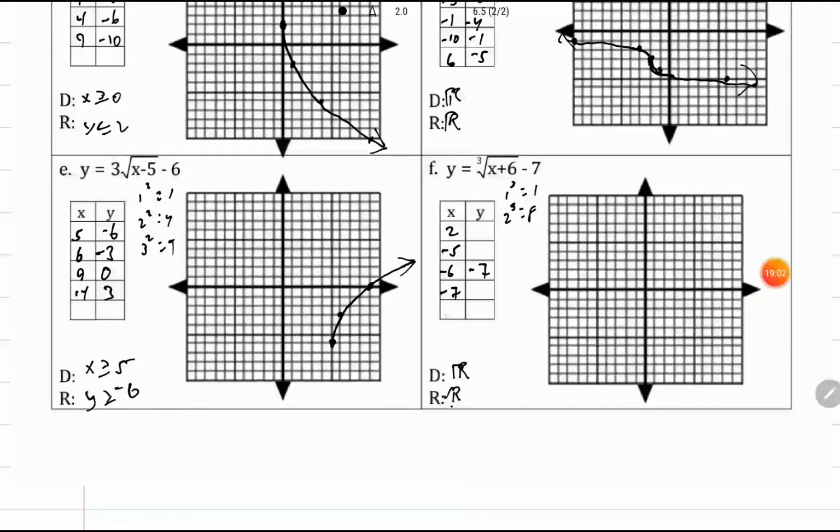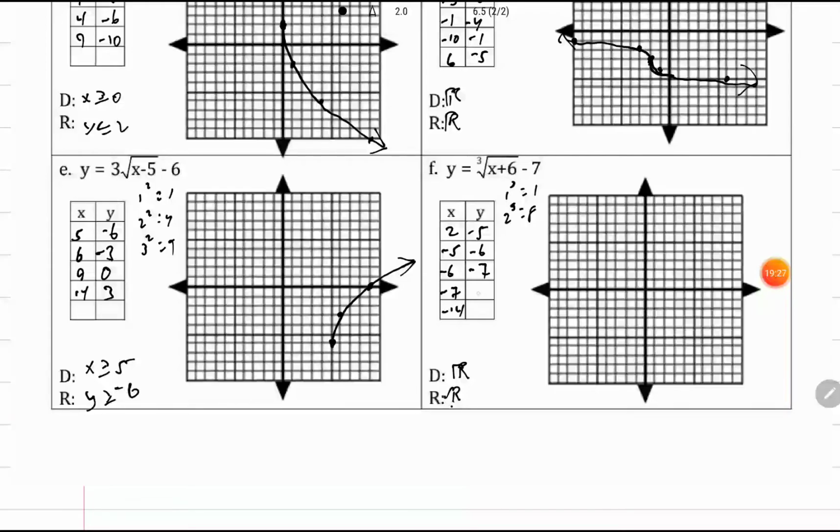And then this one is going to be negative 14, which I don't need to do. So 2. Plug in 2. 2 plus 6 is 8. Cube root of 8 is 2. 2 minus 7 is negative 5. Negative 5 plus 6 is 1. Cube root of 1 is 1. 1 minus 7 is negative 6.